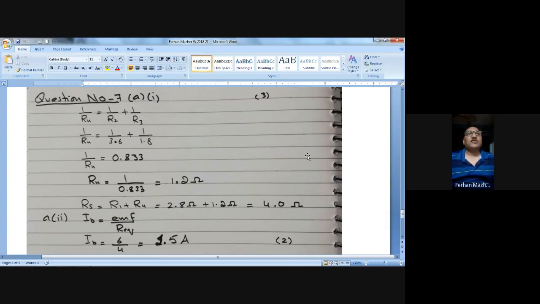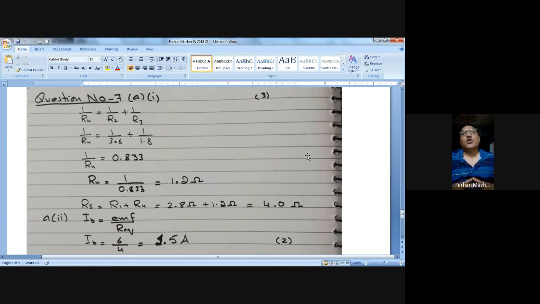So 1 by R4 is equal to 1 by 3.6 plus 1 by 1.8. When I did the addition on the calculator, the answer was 0.833. So I took the reciprocal, R4 is 1 divided by 0.833, and the answer is 1.2 ohm.